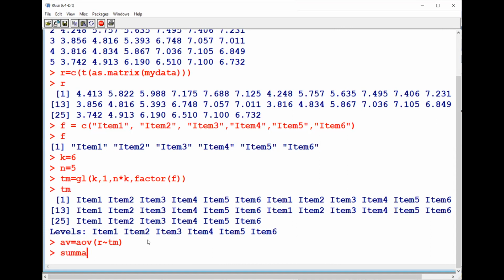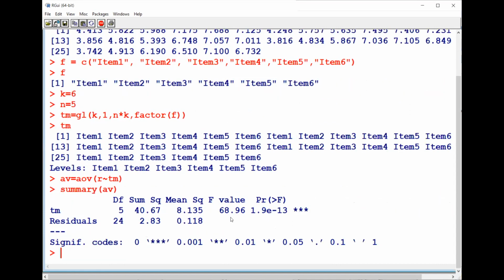Right, so if you take the summary of this AV, here you get the Anova table. You can see when you look at the Anova table, the p-value is significant. That is, you can reject H naught. That is, there is a significant difference between the treatment means.